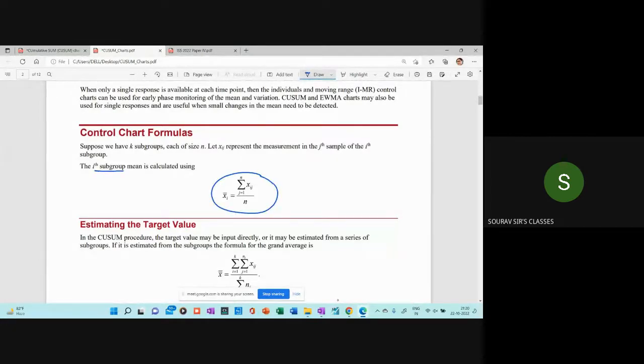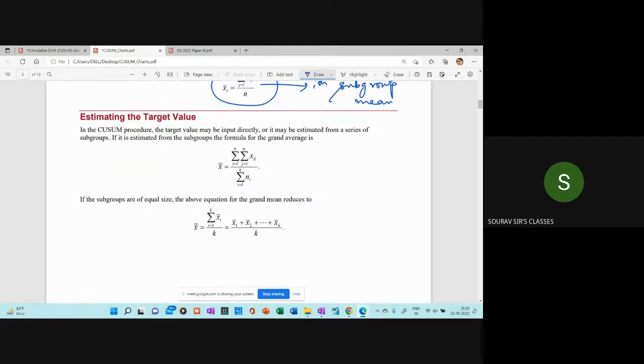We have obtained different subgroups, and this is the ith subgroup mean. Estimating the target value, the joint mean will be the summation over i of this whole thing. So this is my grand mean.